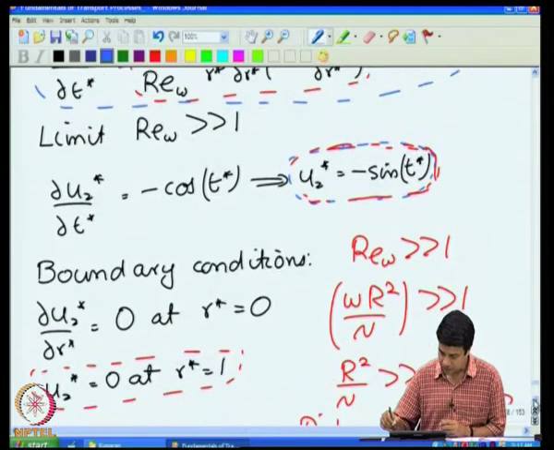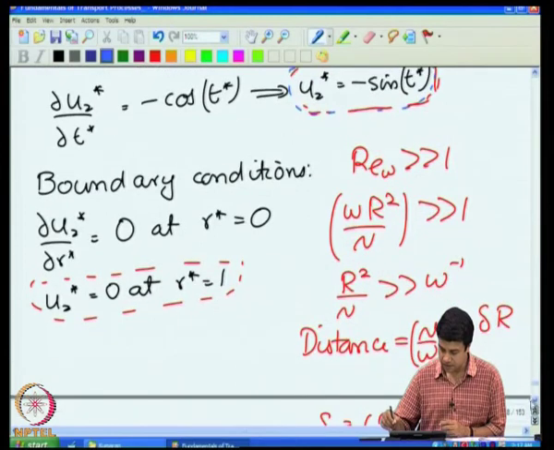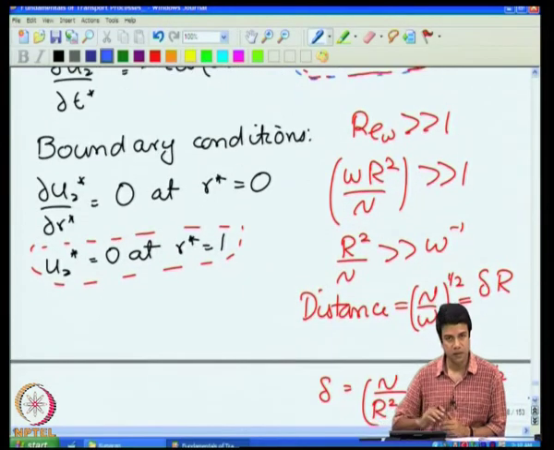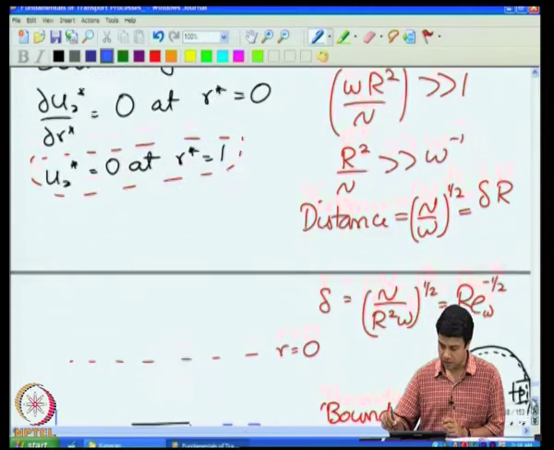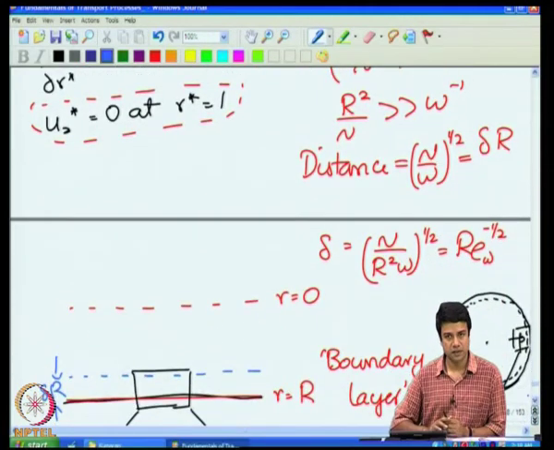And once again physically I had explained this in terms of a competition between momentum diffusion and the period of oscillation. Re omega large compared to 1 implies that the time it takes for momentum diffusion is large compared to the time period of oscillation.